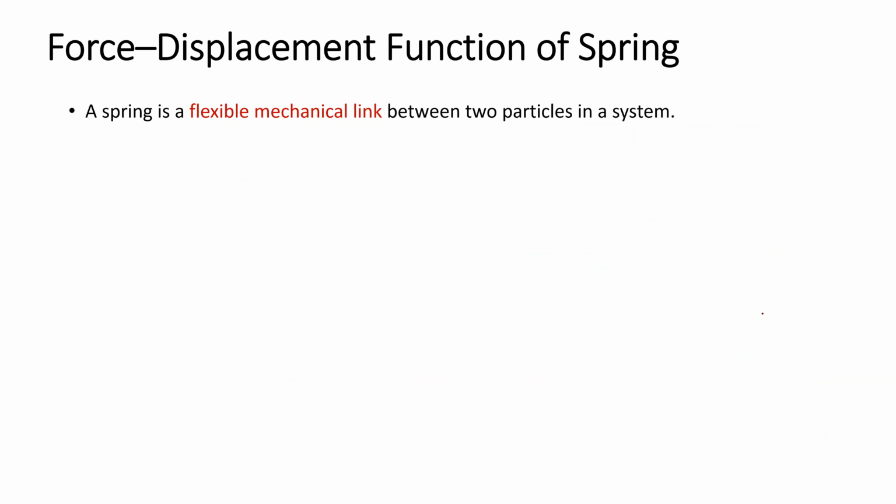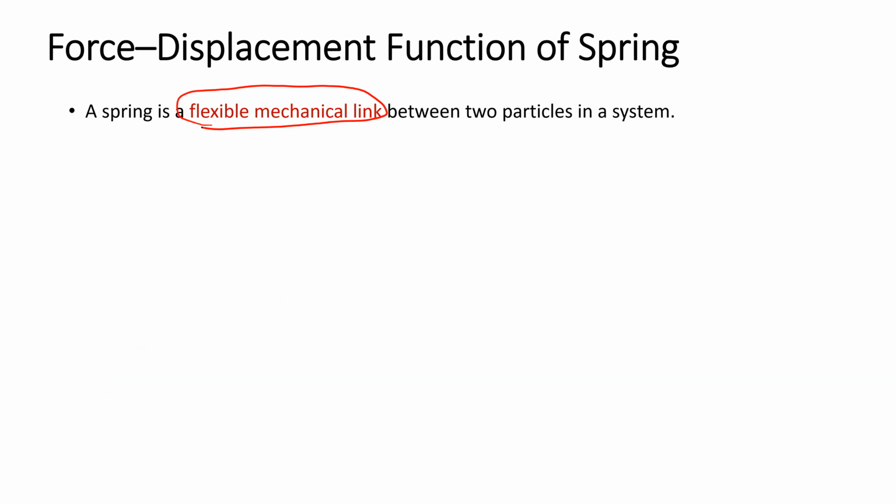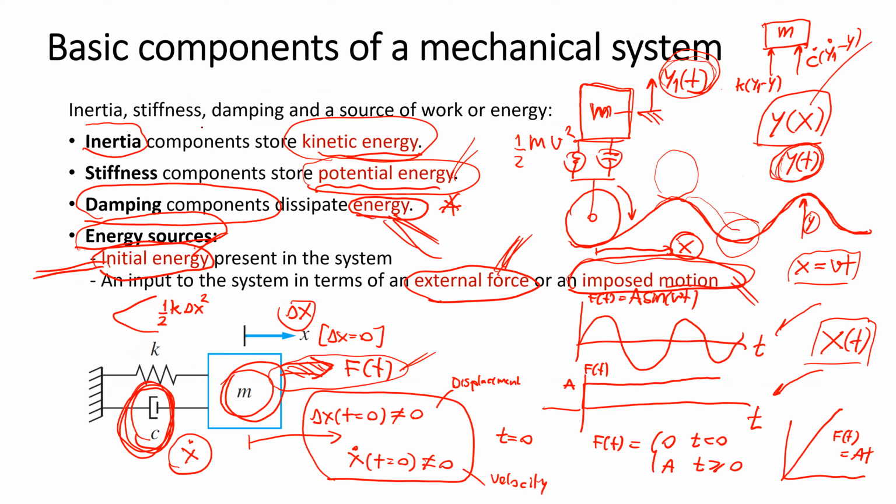And the spring is the flexible mechanical link between two particles in the system. If we come back to this picture, as I mentioned, if we have a rigid suspension, y1 and y are always constant.